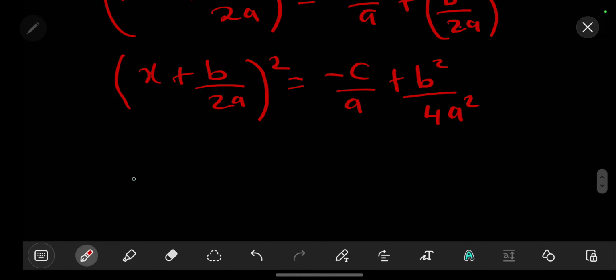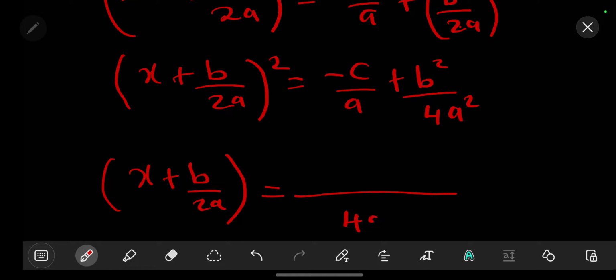From there we are going to take our common denominator. So we have x plus b over 2a, then we are going to have it equal to, common denominator is 4a squared. Then if we divide 4a squared by 4a, it will divide by a, it will give us 4a like that. 4a times c, it will give us a negative 4ac.